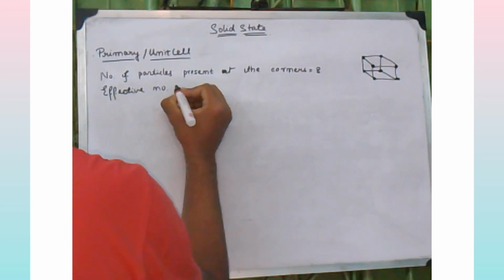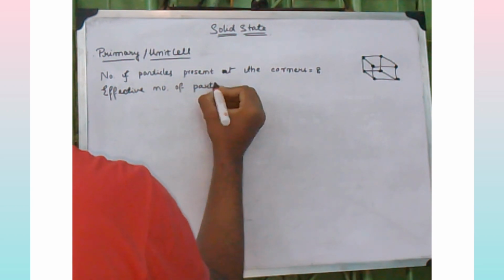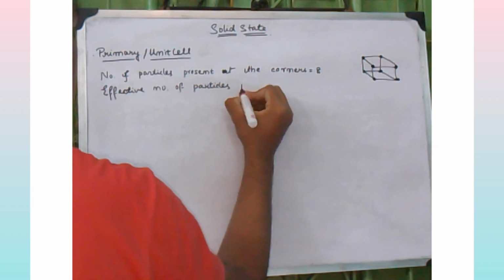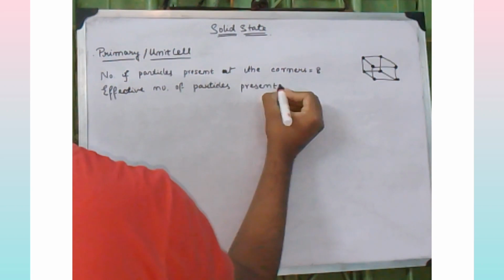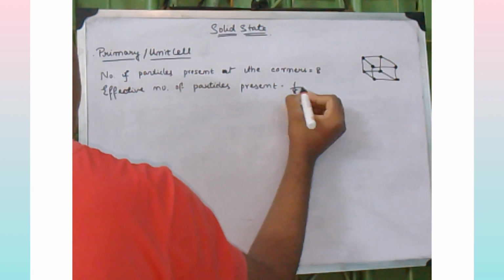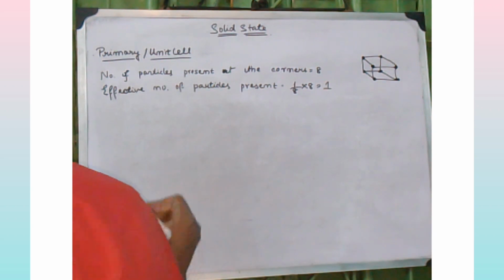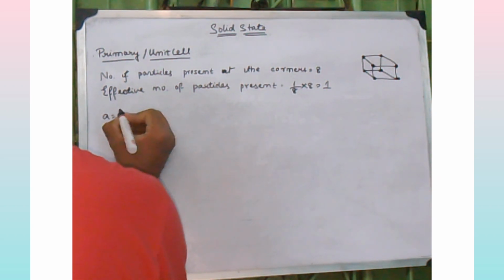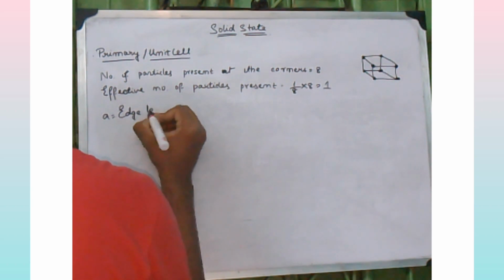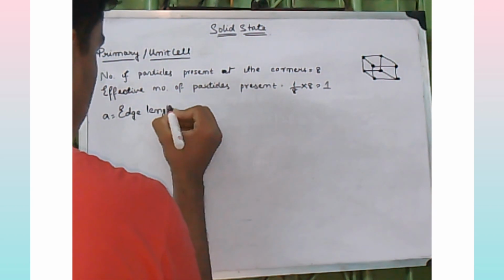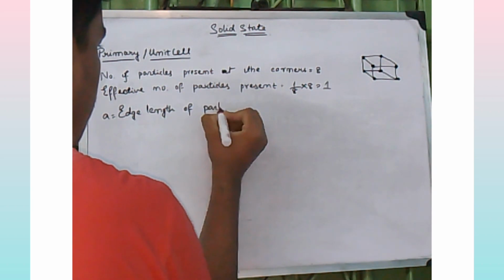Please write down the details which I am sharing with you on the screen. So the number of particles present at the corners equals 8, and the effective number of particles present equals 1/8 multiplied by 8 equals 1, where a is the edge length and r is referred to as the radius of the particle.